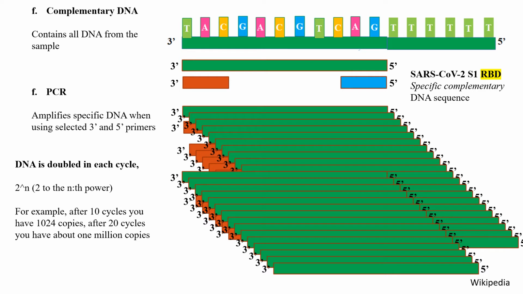And that's the way that we can get, just after 20 cycles, 1 million copies. So even though we began with a complementary DNA that had all of the DNA from the other strands, once we get the amplification with PCR, we are only amplifying the one that we need to see. If that piece of the receptor binding site protein was not there, if the gene was not there, then it will not be amplified.